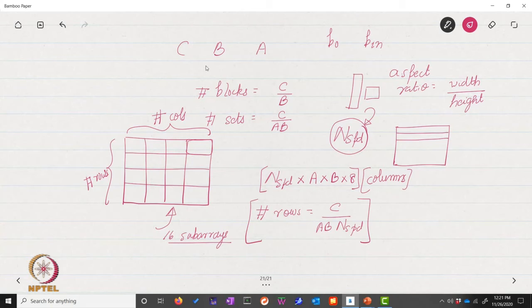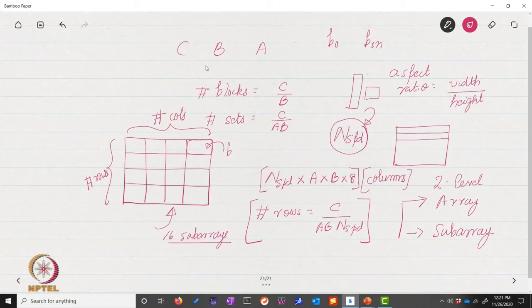Let us start with a simple design, a simple two-level hierarchy, and later on I'll break some of these assumptions. So a simple two-level hierarchy has an array and a subarray. Let us say that a block is entirely contained in a subarray.